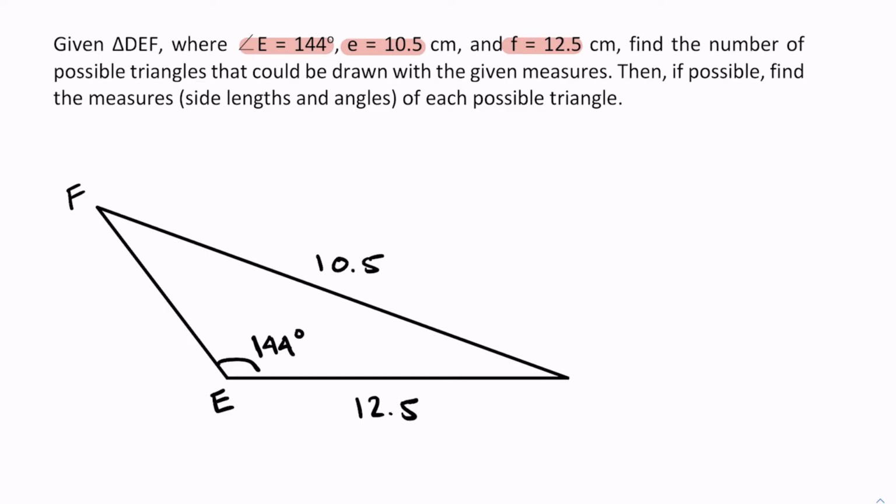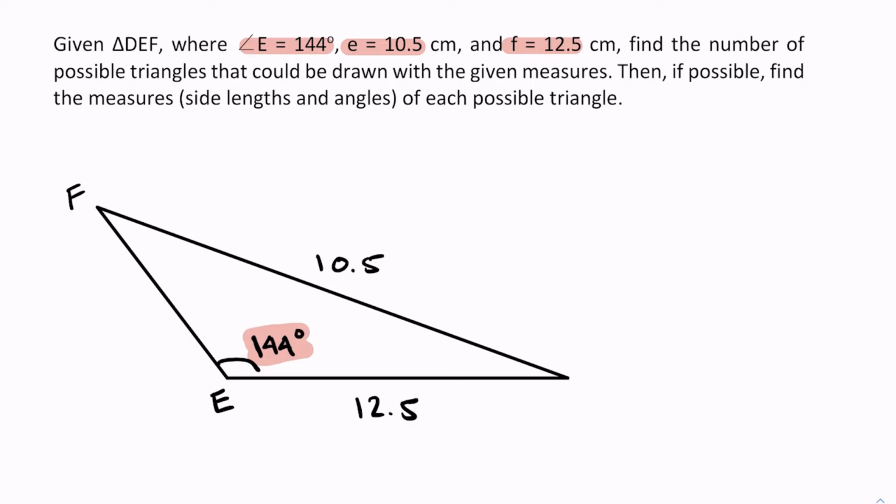Now, on face value, this is actually impossible to do. If you look at the triangle, the obtuse angle is 144, so the opposite side has to be the longest side.